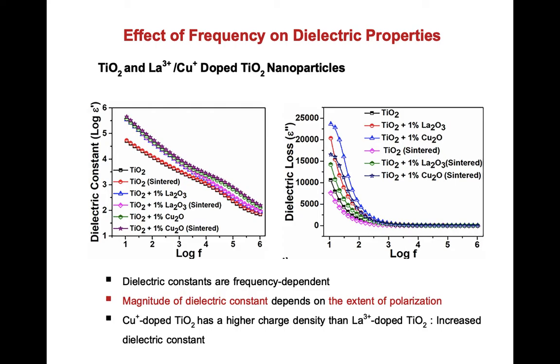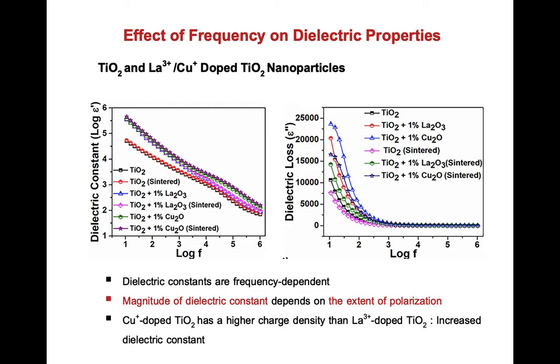The origin of charge carriers in undoped titanium dioxide is due to the presence of oxygen vacancy in the system. In fact, a small concentration of titanium 3 plus ion exists in titanium dioxide along with titanium 4 plus ion. The 3 plus oxidation state of titanium occurs for oxygen vacancy.